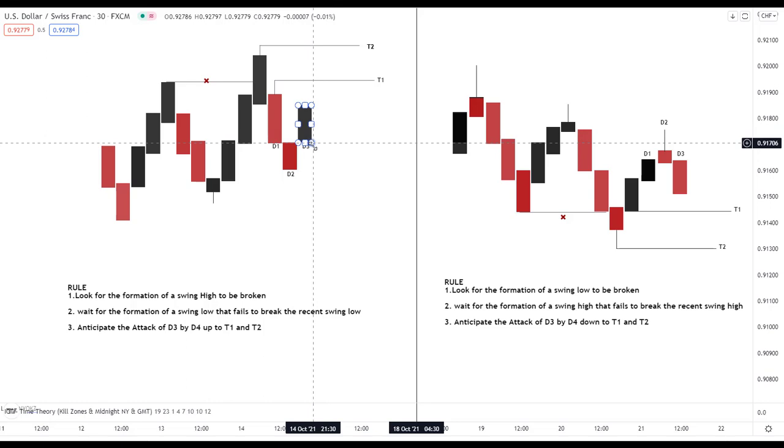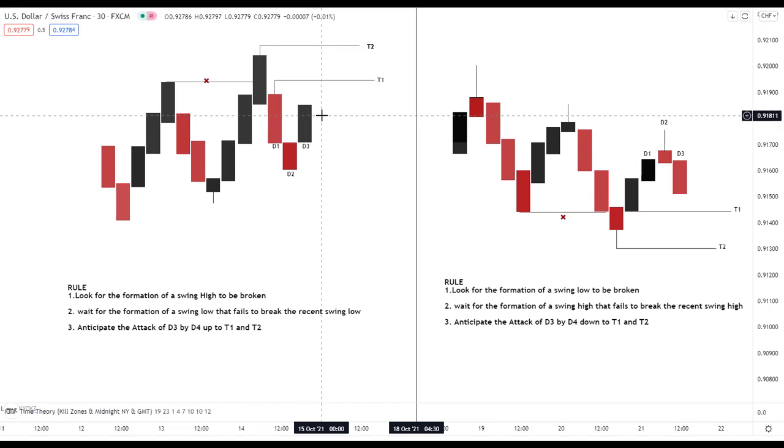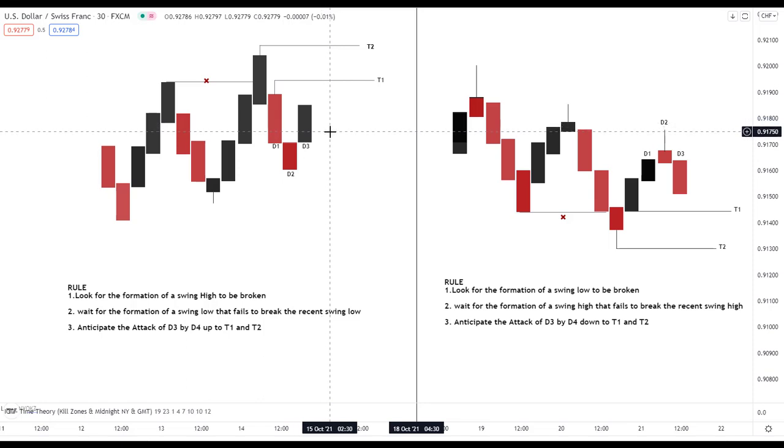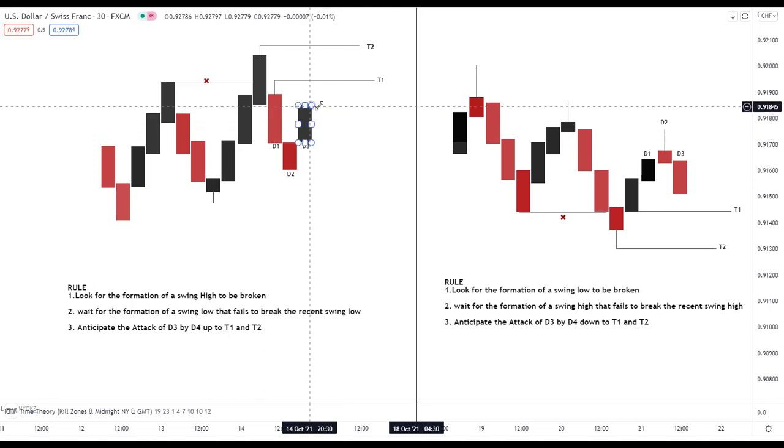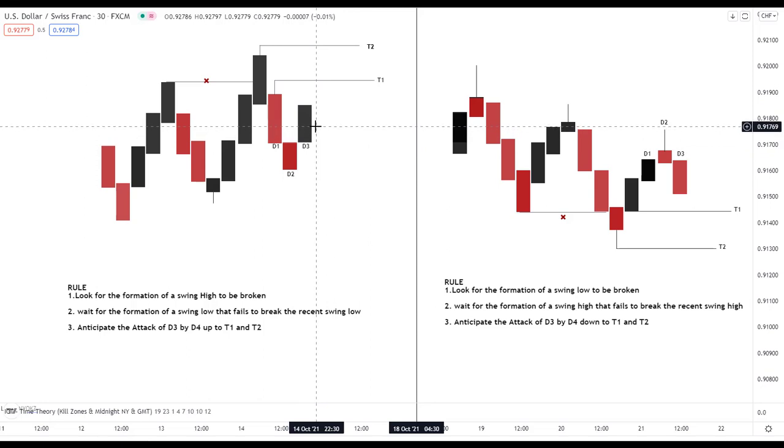We're going to look at real examples in just a moment, but I need to explain this. When we see formations like this, the high probability entry points are going to be resting within D3, at the 60% all the way to the 78% of D3.